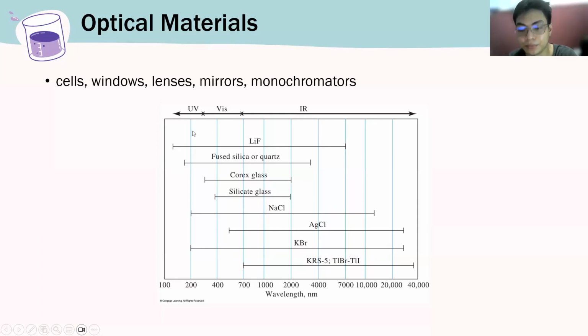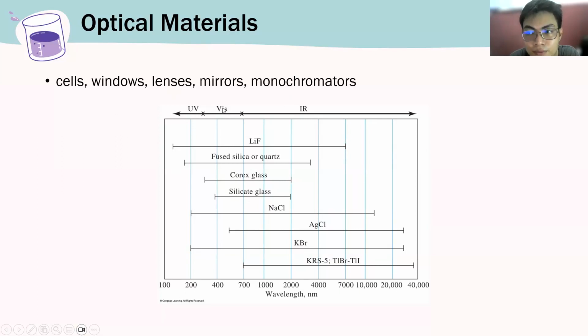So these materials are all applicable to your cells, where the sample is placed, and to the windows, lens, mirror, and monochromator. Remember, all these materials have to fit the purpose of the instrument.